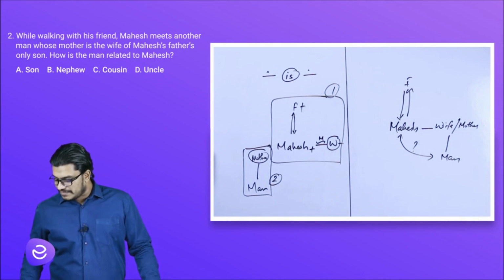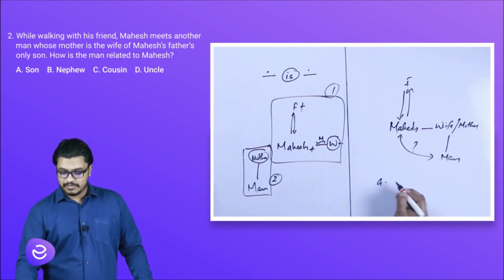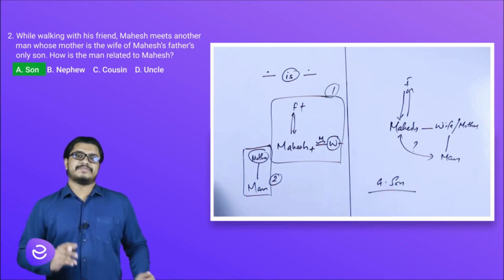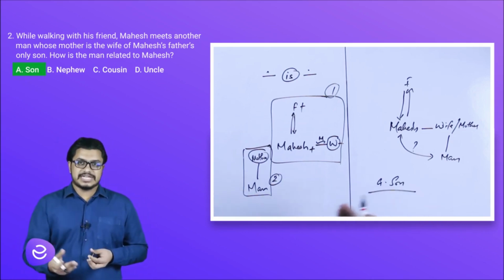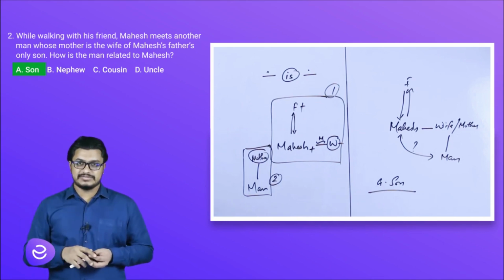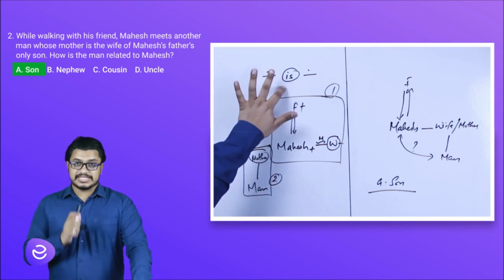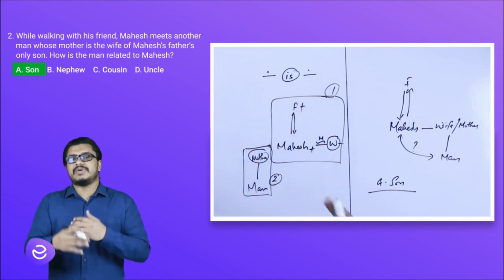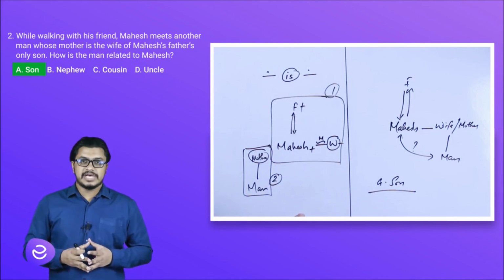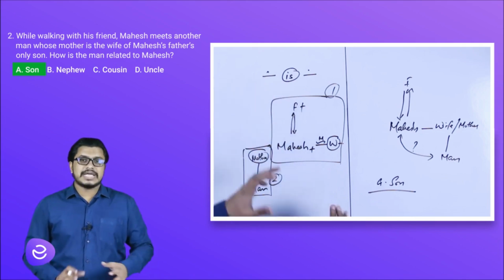So Mahesh's wife's son means Mahesh's son itself. So the options we have here are son, nephew, cousin and uncle. So the answer would be option A, which is son. So try to understand this. If you get a question where in the middle of the question we have a term called "is", understand that they will start telling about the relationships after it, and it is easier.